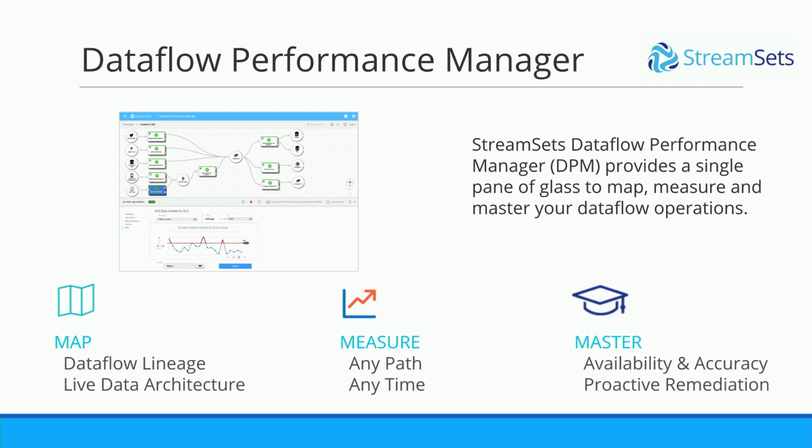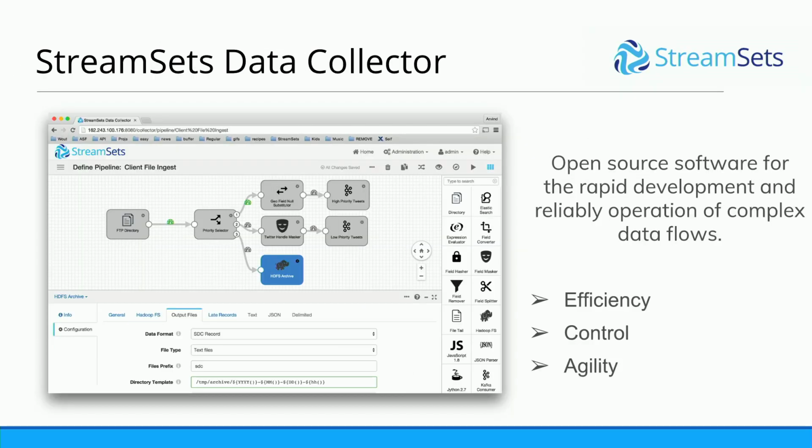So if I go back, this is a data flow, a pipeline reading from FTP, and it's doing some decision there, this selector thing sending records along one of three paths. So they're going to a high priority Kafka queue, a low priority queue, and a Hadoop file system. So that's one pipeline.